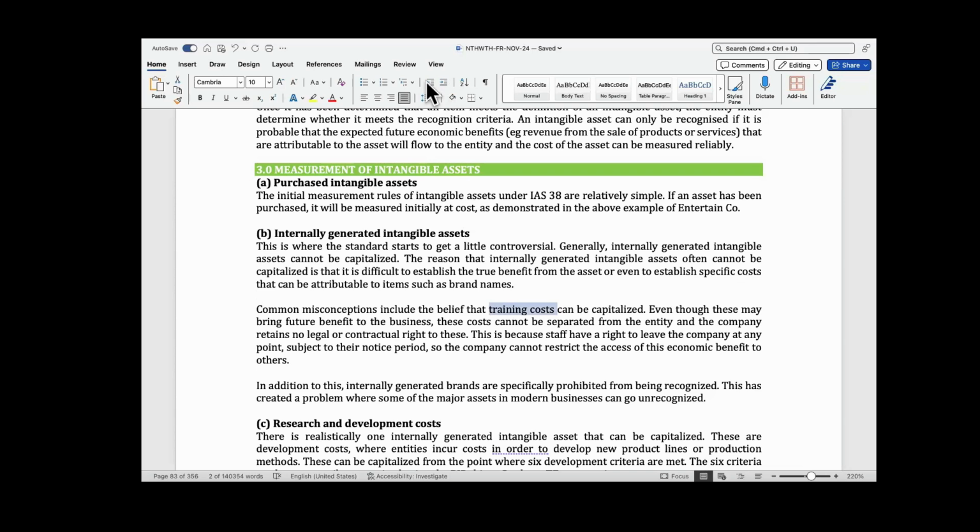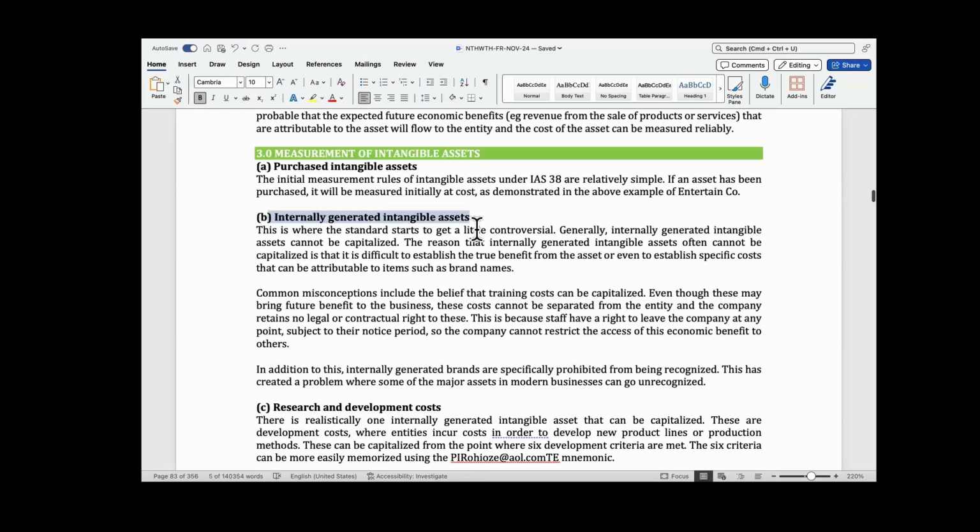Somebody that can leave, that means you are not sure that you will generate future economic benefit from it. You can't control a human being. So just expense it immediately. So that's internally generated intangible assets.